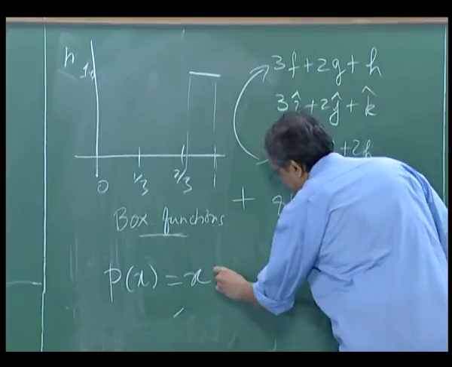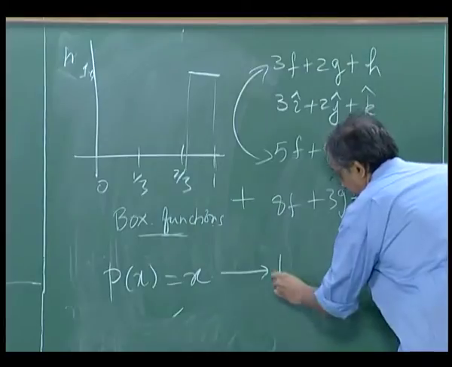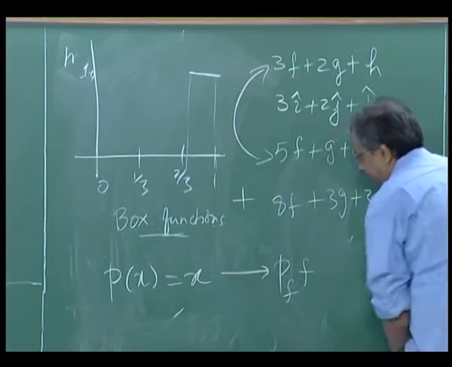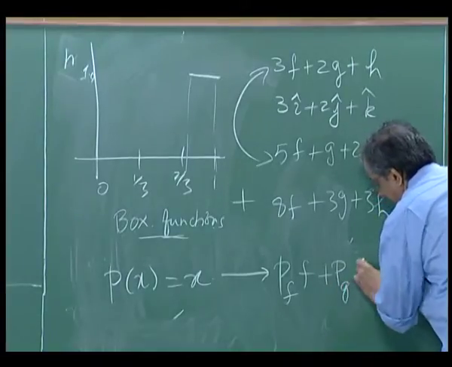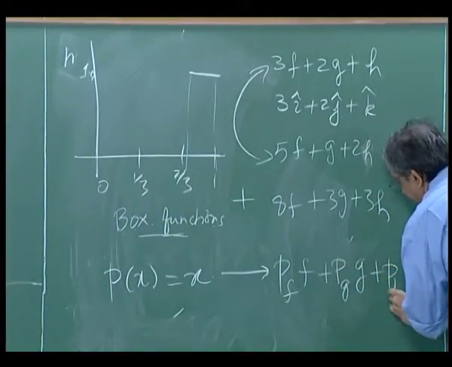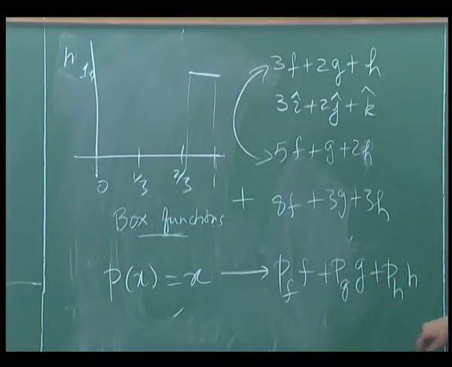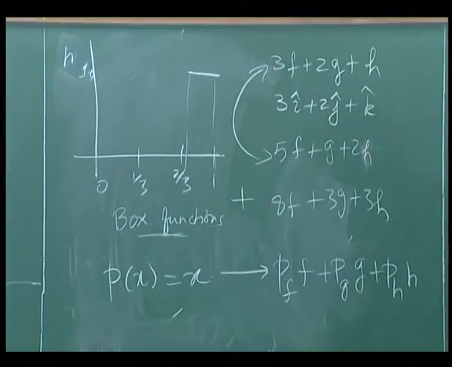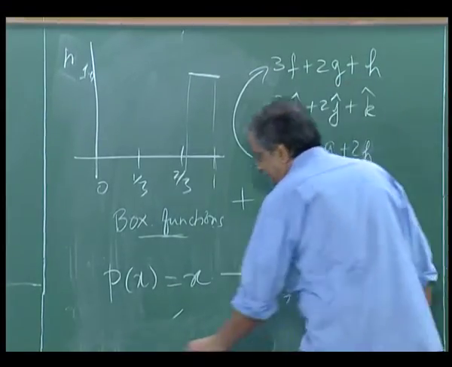So I would like to represent this function as the f component pf times f plus pg times g plus ph times h. You understand? This is the f component, the g component, the h component of p. And all I have to do now is take the dot product.